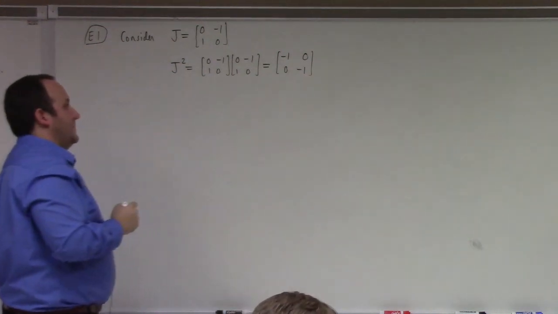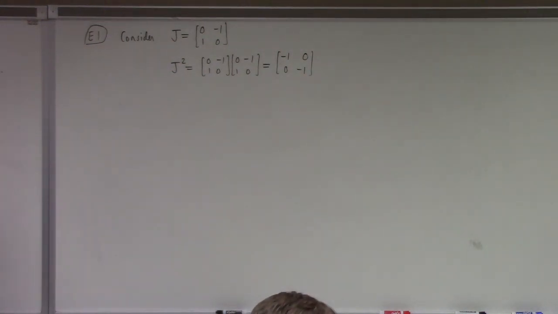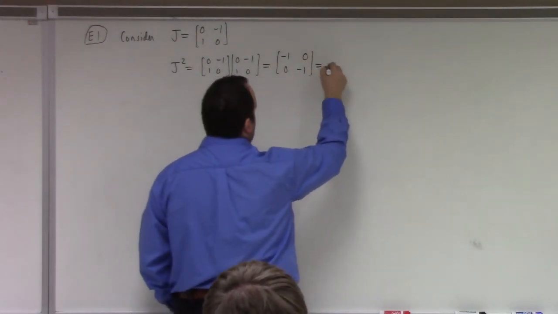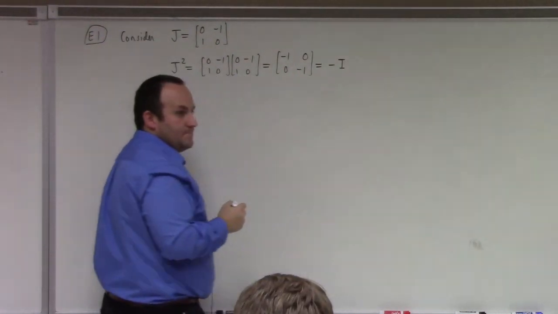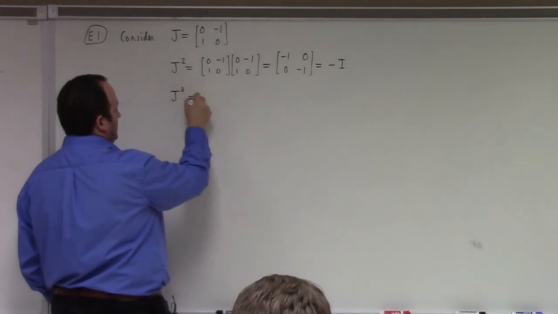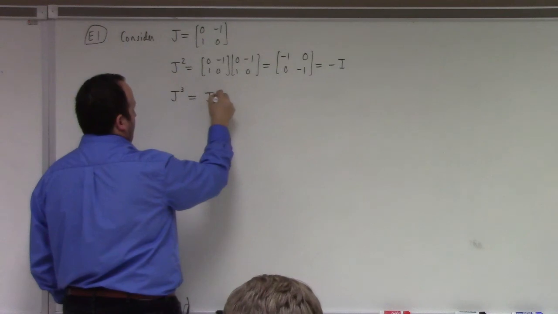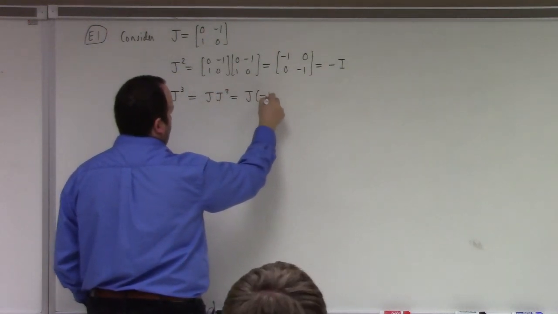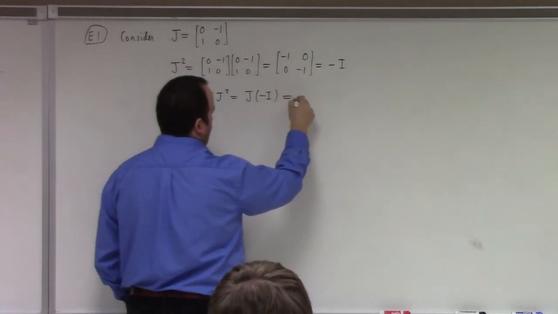If we multiply that matrix by itself, we get minus 1, 0, 0, minus 1. Of course, that's equal to minus the identity matrix, right? So if we calculate J cubed, we get J times J squared, which is J times minus I, which of course is just minus J.